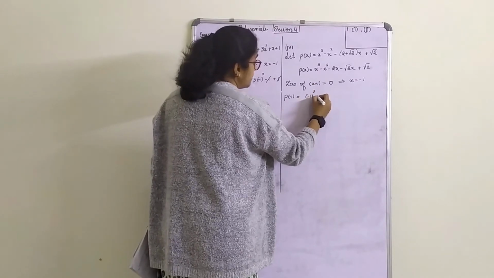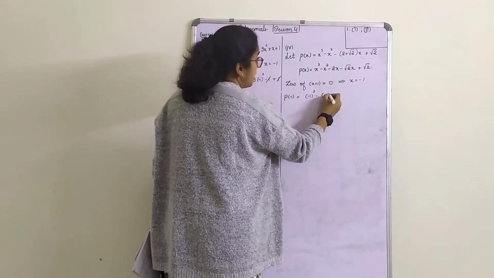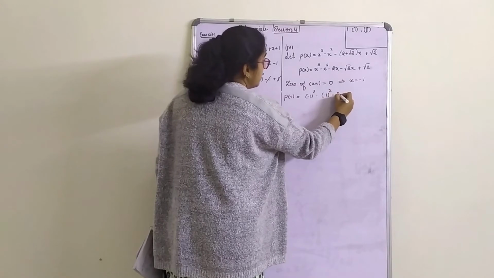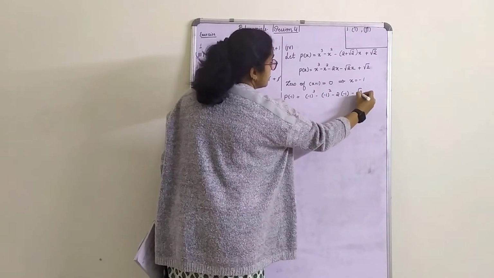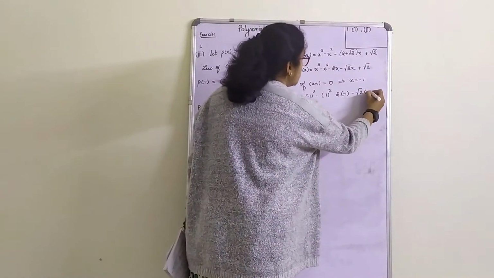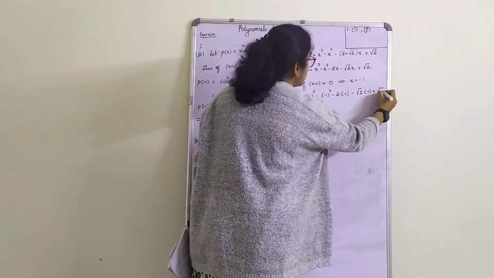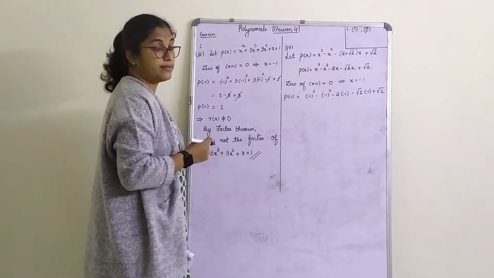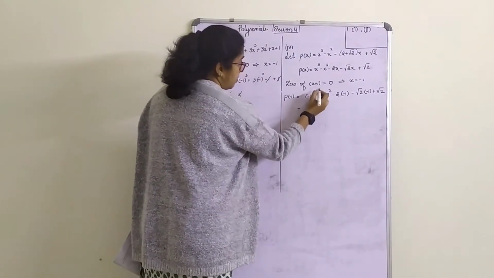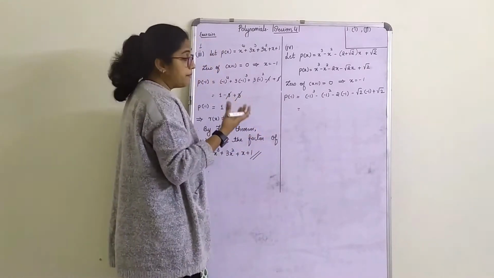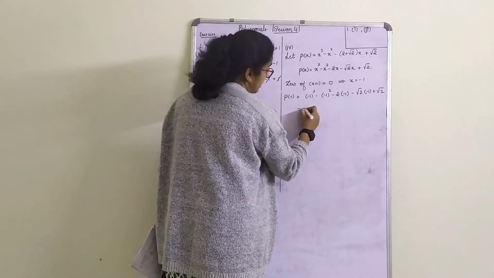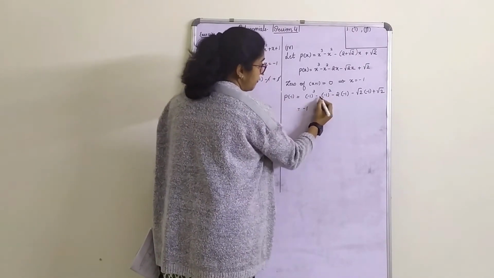Minus 1 cube, minus 1 whole square, minus 2 into minus 1, minus root 2 into minus 1, plus root 2. Too many minus 1. Okay. Minus raised to odd power, answer is negative. So minus 1 itself here.